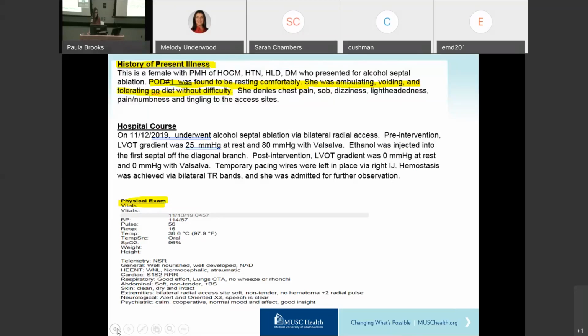I was able to count abdominal GI as an organ system because it says soft, non-tender, positive bowel sounds. If it had said something like abdominal obese, that would be considered a body area and not an organ system. So we were able to use that as GI, and we have an 8 organ system exam there.